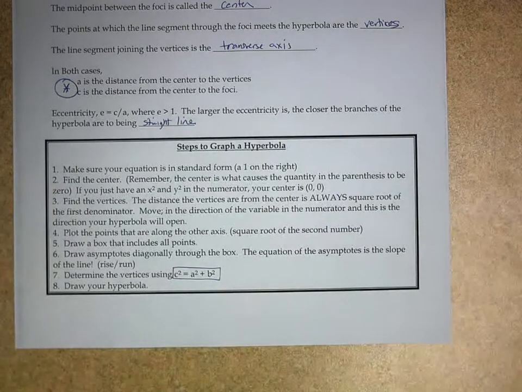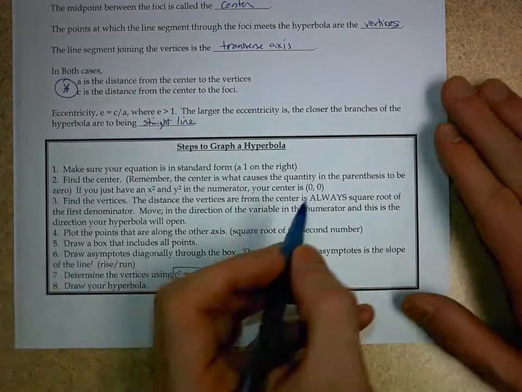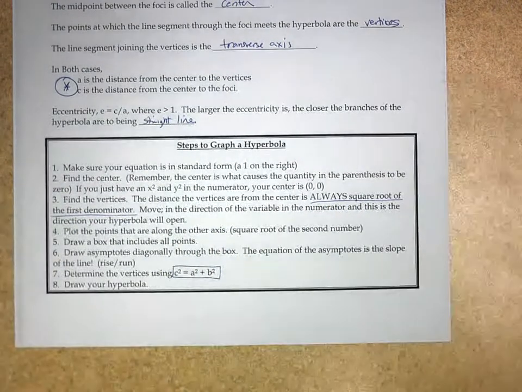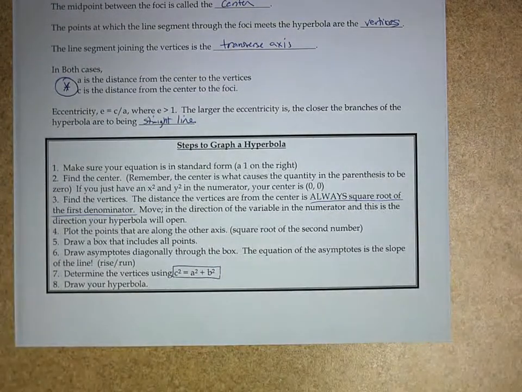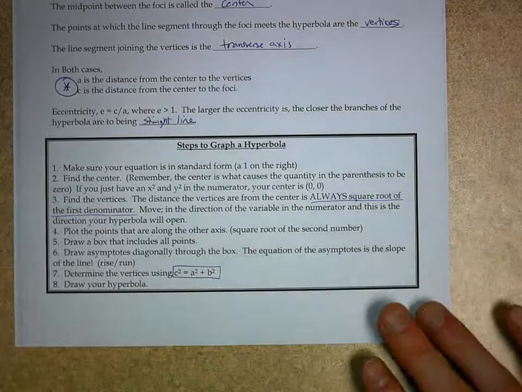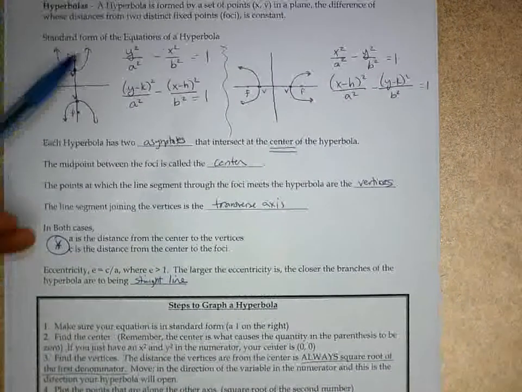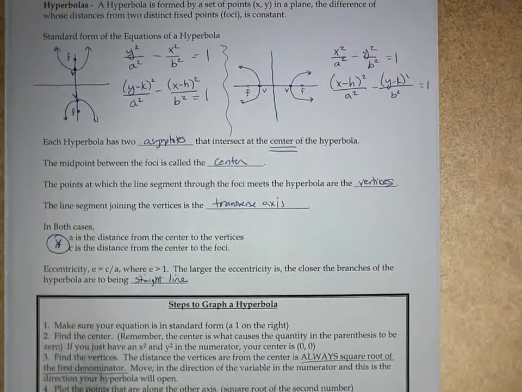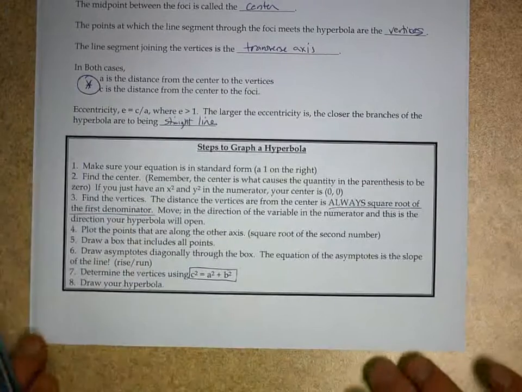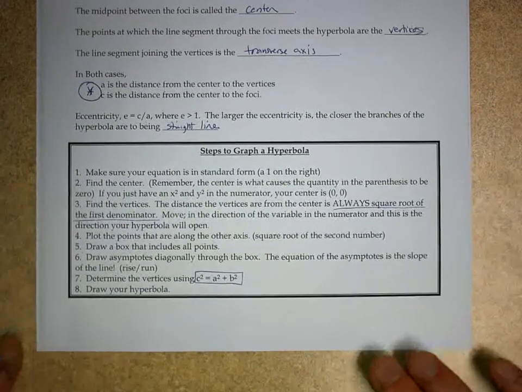And the other part is that the vertices are always the square root of the first denominator. Remember, a squared is always, always, always the first denominator. So it just determines, is it the x piece or the y piece? I've got to be careful how I say it's always the first denominator. It's probably better for me to say it's always the positive fraction, but when we're in standard form, the positive fraction always comes first when we're talking about hyperbolas.